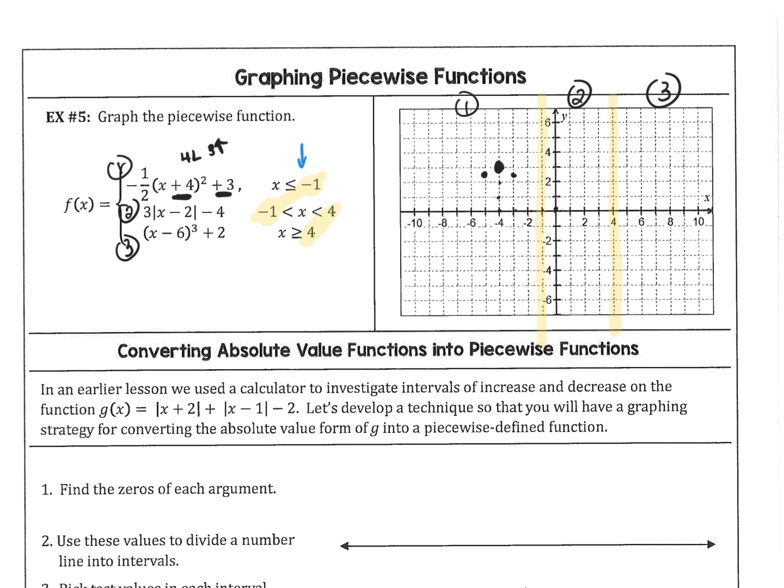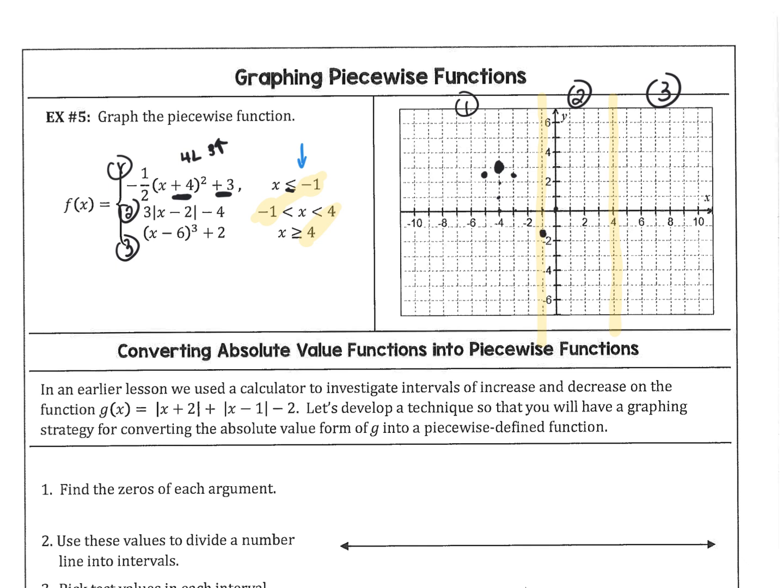What do I get? Okay, plus 3. Okay, what is that in decimal form? -1.5. So right here it is at -1.5. So over here we are at -1.5, and this is equal to, isn't it? So we are going to put a closed dot.